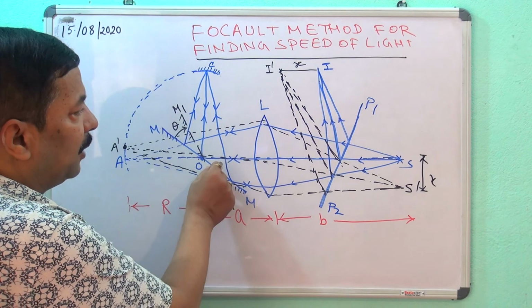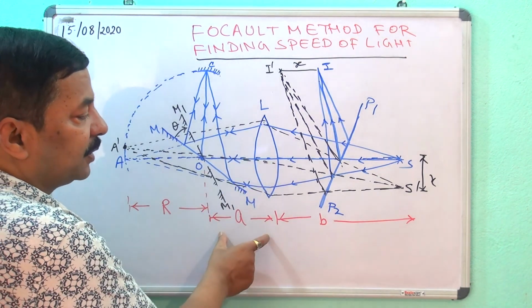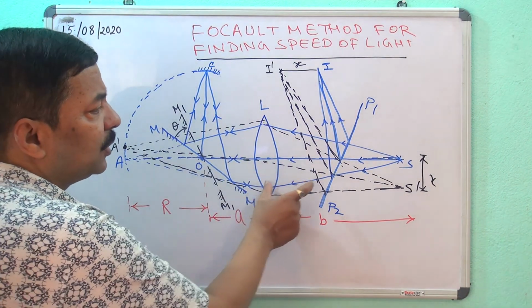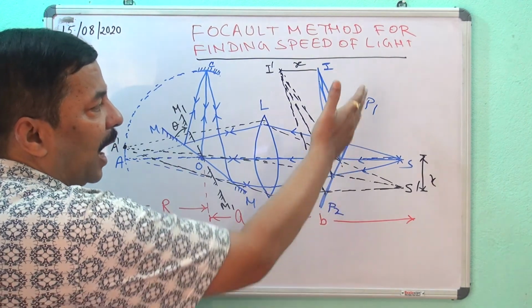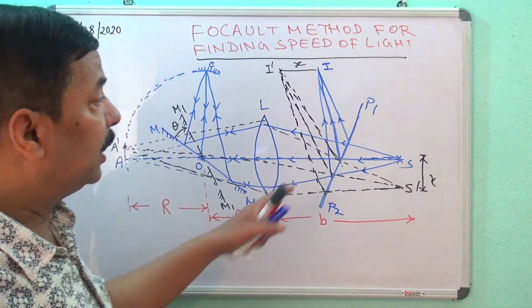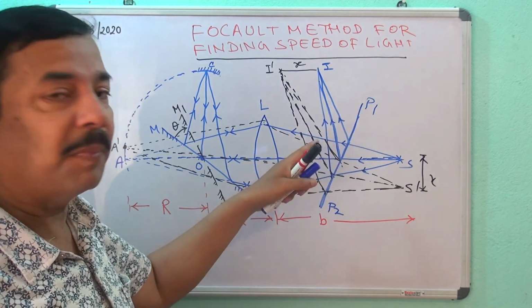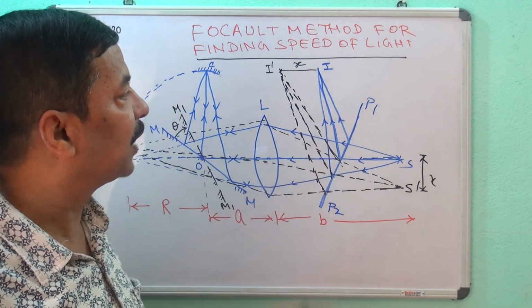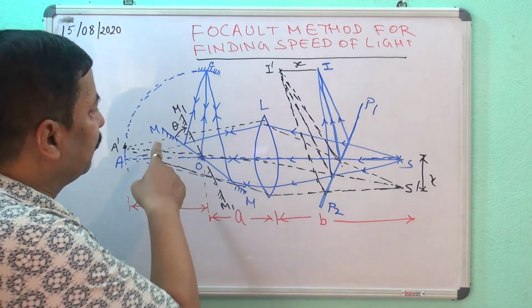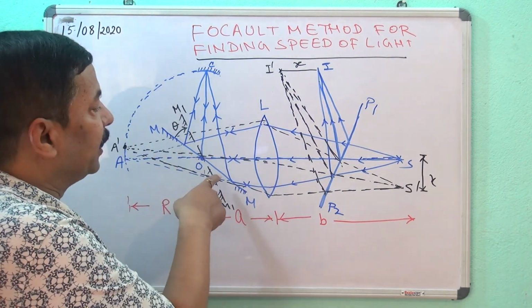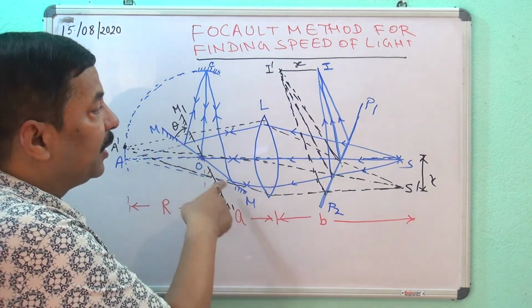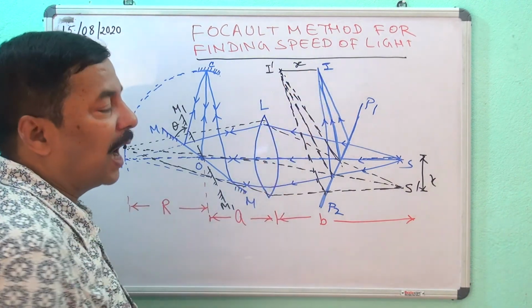The distance of the plane mirror from the lens I have considered A, and the distance of the lens from the source we have considered B. And this P1 P2 is a partially silvered glass plate which partially reflects and partially transmits. So in the first step, when the plane mirror M is not rotating, we are getting the image I.